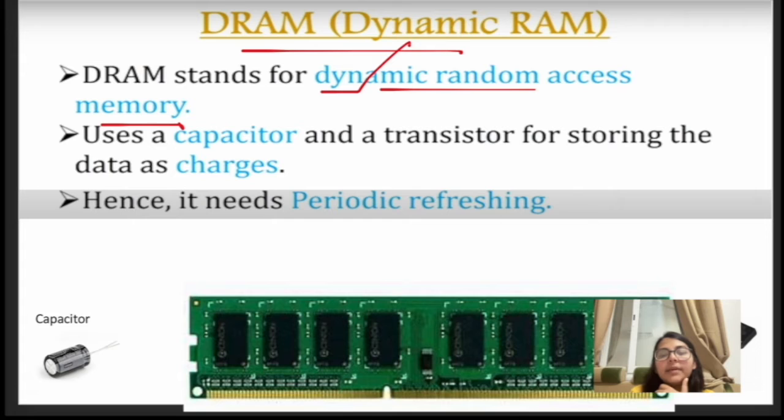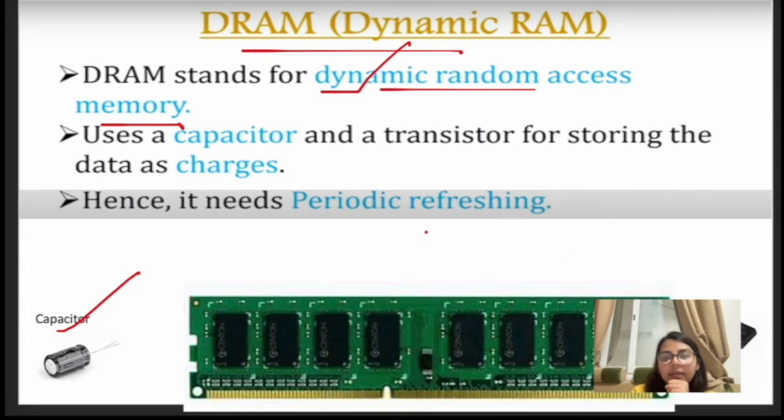Yes, dynamic is actually characterized by constant change. Okay, so because it must be refreshed all the time, the DRAM must be refreshed all the time. And here you can see a separate picture of a capacitor and transistor. DRAM uses capacitors and transistors to actually refresh the data.